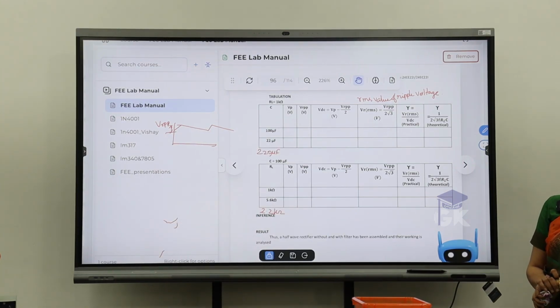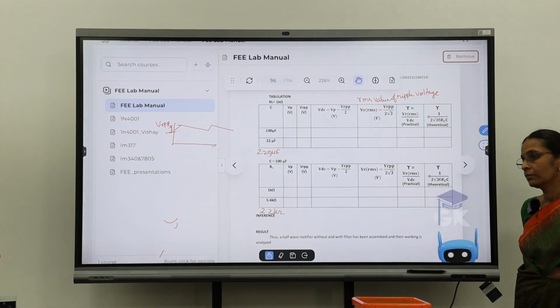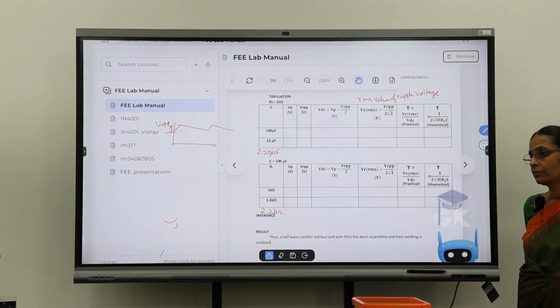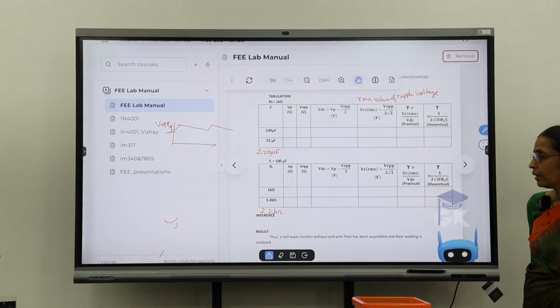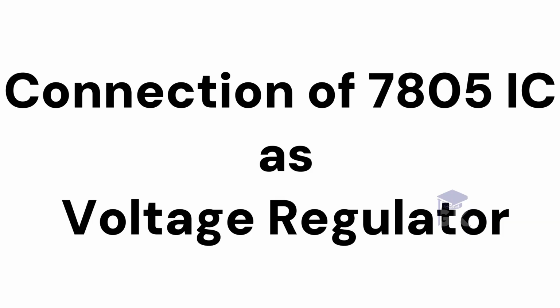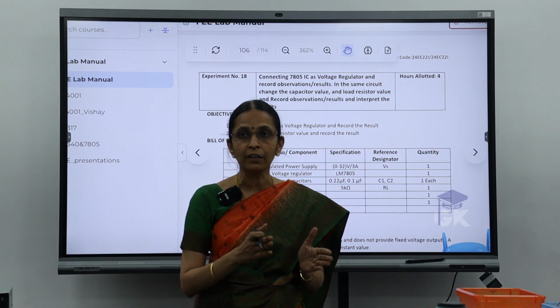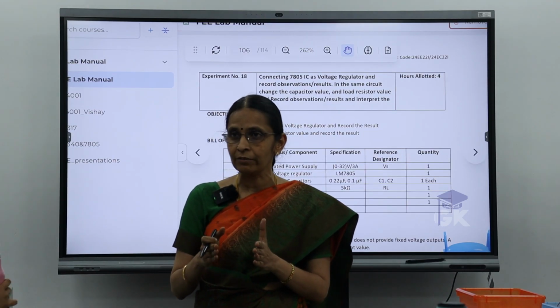Have you copied the tabular column? Now let's check for the procedure. Done? We'll just go for the procedure here. So far what we have done is a rectifier, and to the rectifier we have connected a capacitor filter.